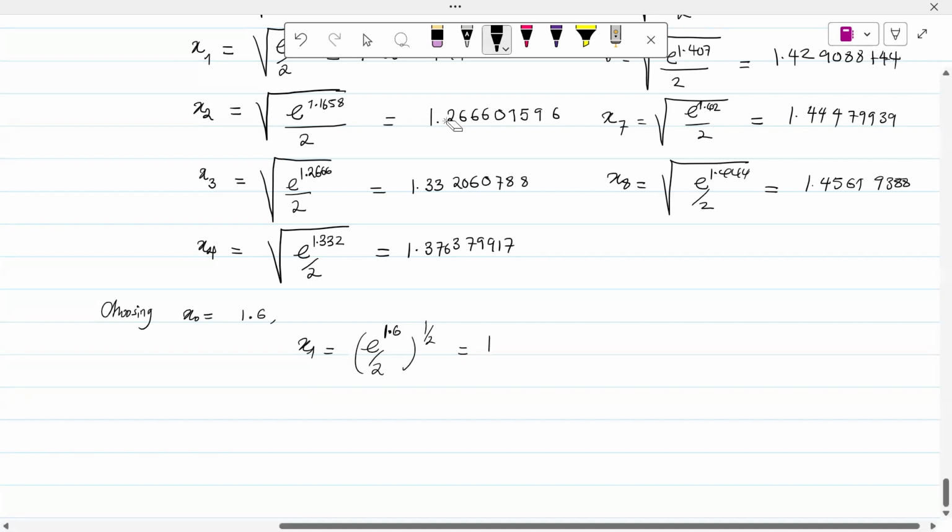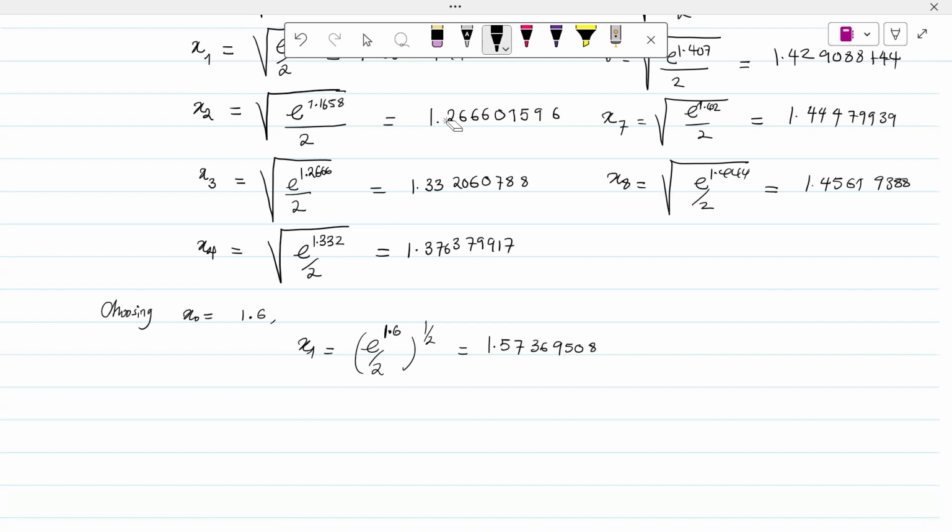1.57. So you see that we started with 1.6, but we are getting something less than 1.6. 1.5736 95080. Okay, whatever you have there. So as you can see, we started at 1.6, which means that as we start from the higher value and approach 1.5, the value is actually decreasing.